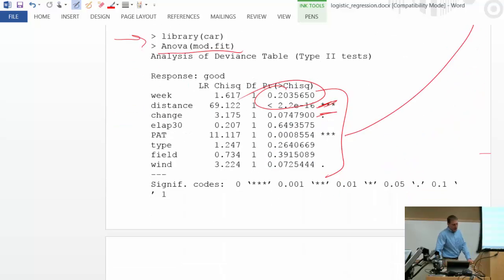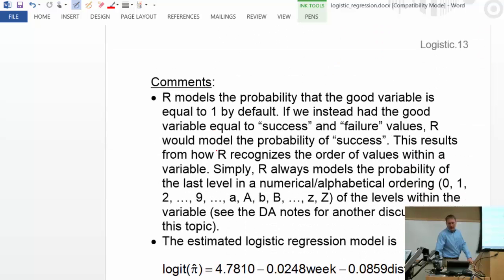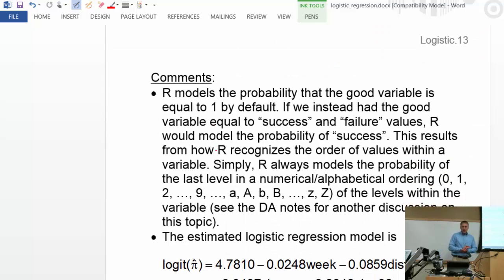Okay, so page 13 at the top contains something that's important. This first bullet. Again, our good variable in the data set is equal to a numerical value of 0 or 1.